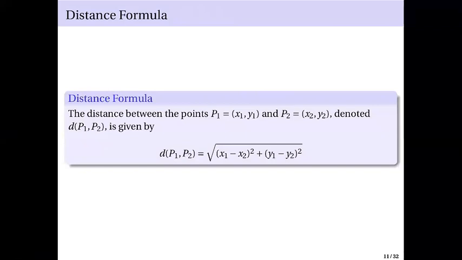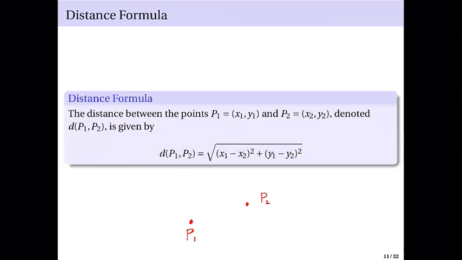So if you have this point P1 and then this point P2, take note, I'm not even drawing the x and y axis here. These are really arbitrary points on the plane.